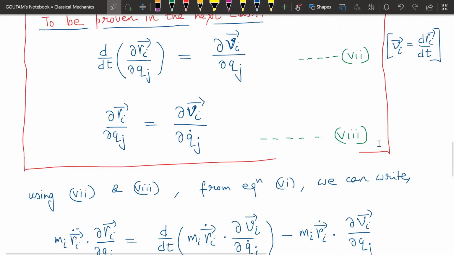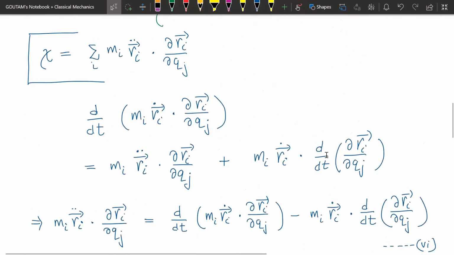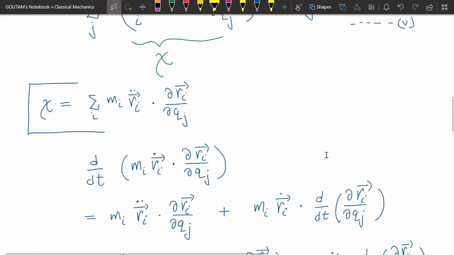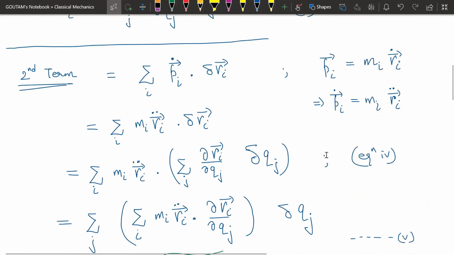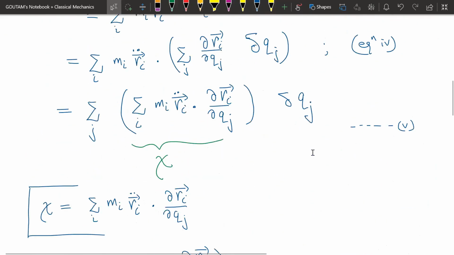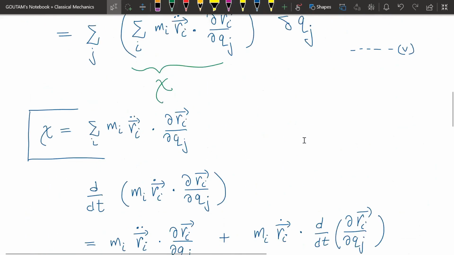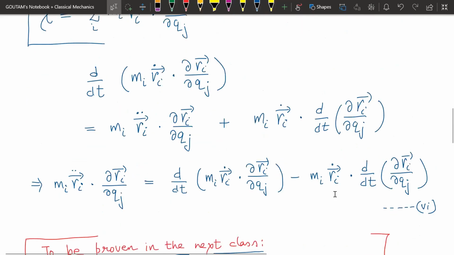Now let's put it in this expression of chi. We are trying to find the expression of chi, and that's why we did these steps.